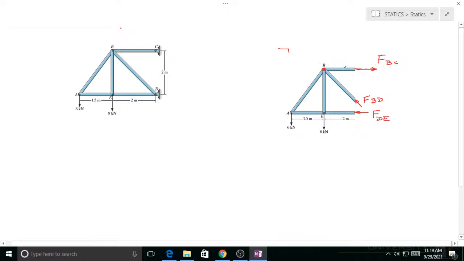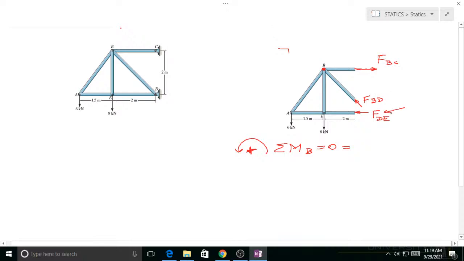It goes right through B. So if I sum the moments about B equaling 0, and then say I'll choose that to be positive, then, okay, here's the other thing. That one goes right through there too. That produces no moment because it goes right through the B. So the only one that produces a moment is that one.